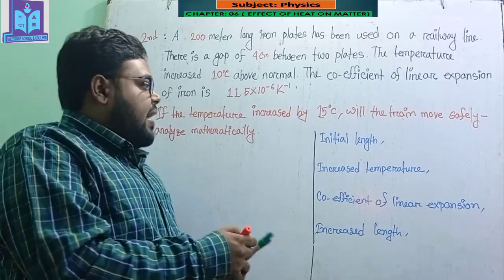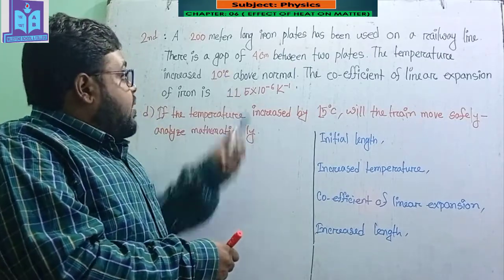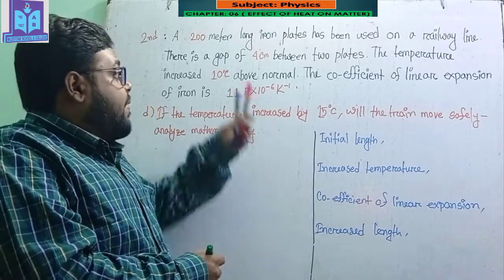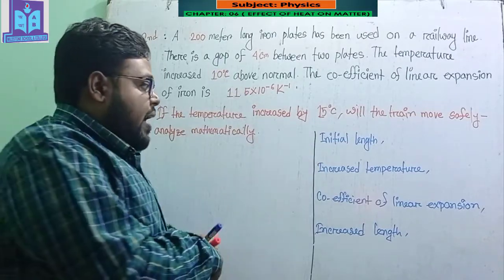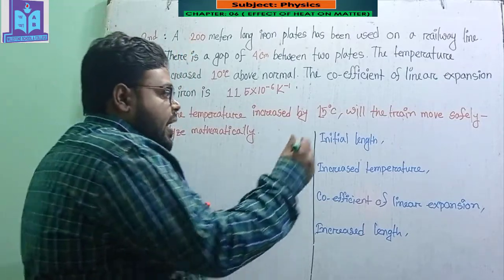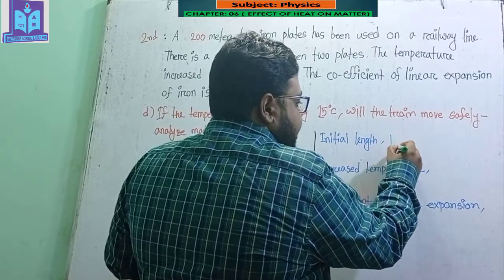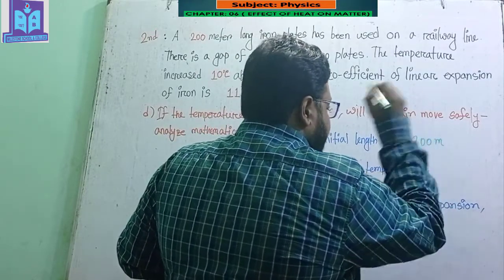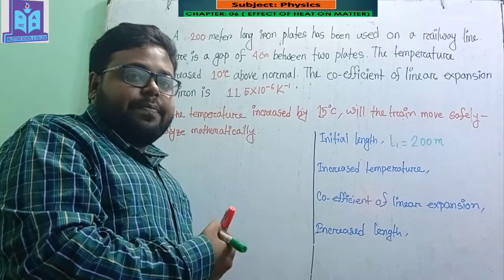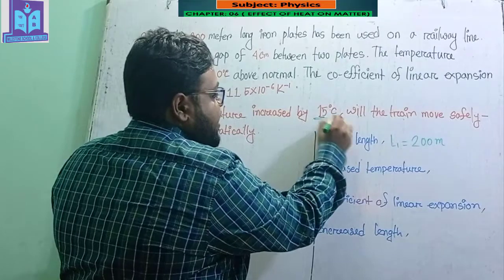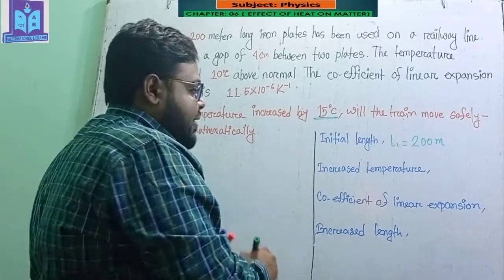Here you can see that the given values are, at first, the initial length of the iron plates, L1 equals 200 meter, and the increased temperature is 15 degrees Celsius.